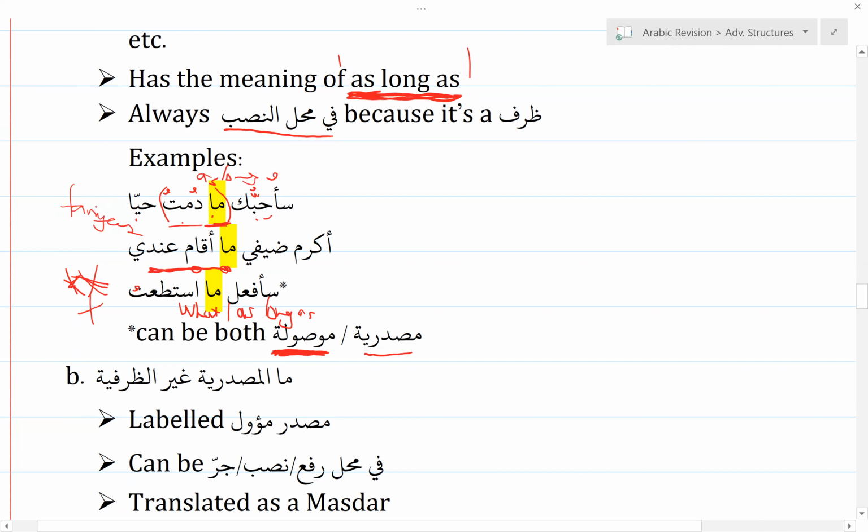This would be like a tamyiz, because "as long as I live my life" sort of adds clarity to ma dumtu. Sister Ilham, how can we take hayyan as tamyiz? Tamyiz means something which clarifies the vague part, right?